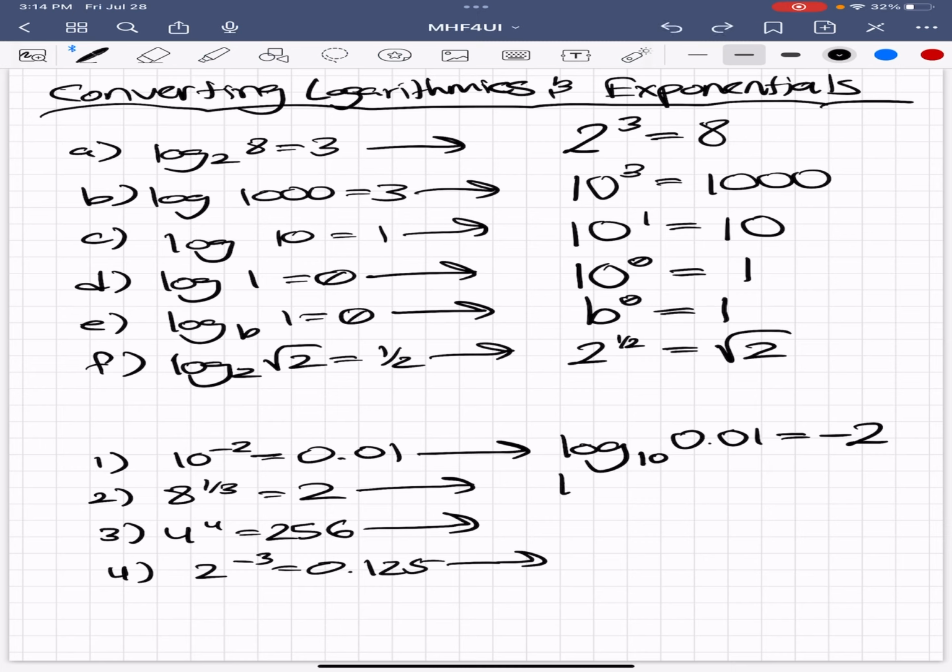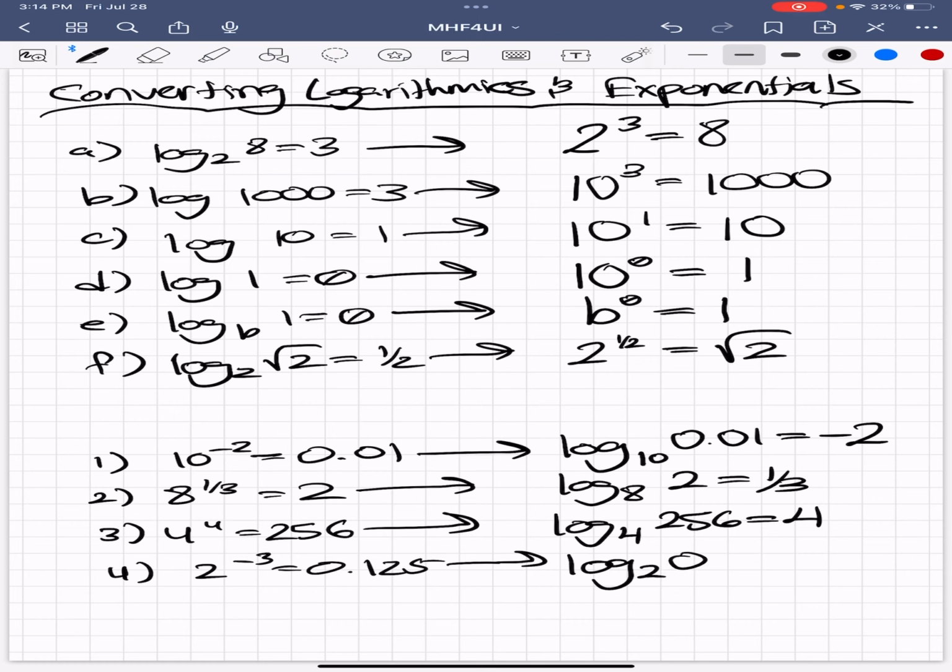So we have our log, our base is 8, our answer is 2, and our exponent is 1/3. So we have a log, our base is 4, our answer is 256, and our exponent is 4. So we have a log, our base is 2, our answer is 0.125, and our exponent is -3.